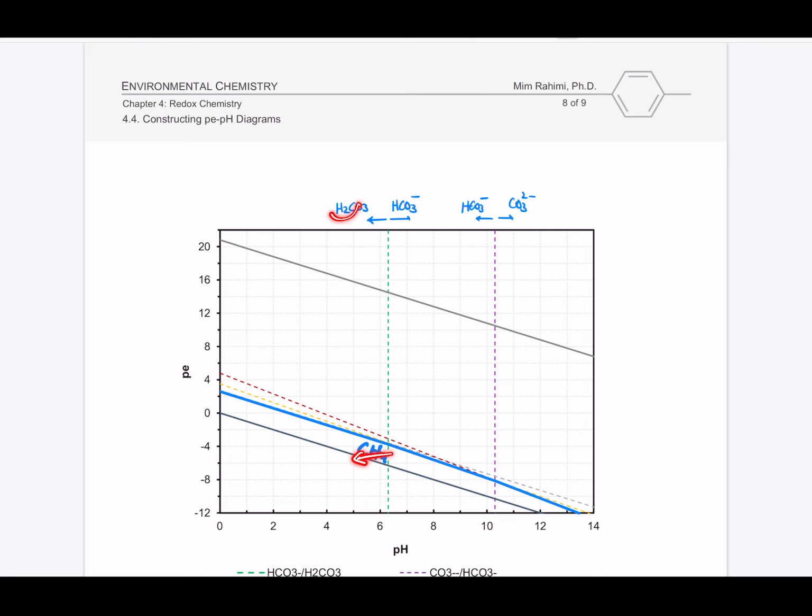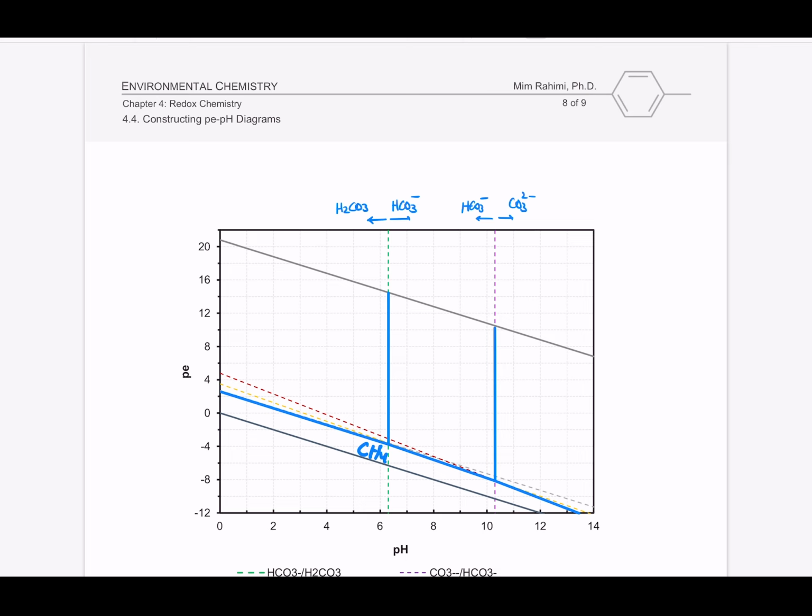This line is representing carbonic acid and bicarbonate, so it's irrelevant. And this part obviously is beyond that window. So only the middle part makes sense. With the same logic, we can also work on this one and say this is the only part that makes sense. So what are the regions then?